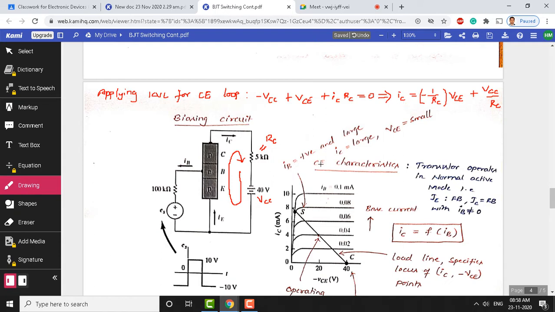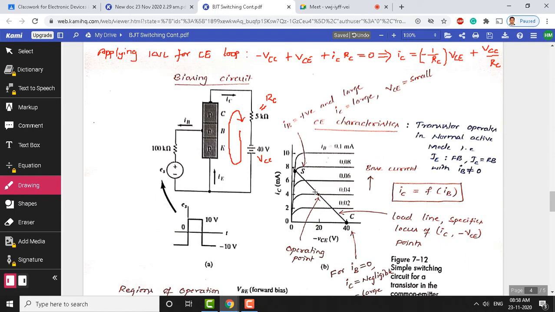Now, if you compare this equation with our characteristics, for the time being you can forget about this line and see this characteristic. We said this characteristic is plotted between VCE and IC. The X-axis is the collector emitter voltage. The Y-axis is collector current, in milliamperes, and these characteristics are plotted for different values of base current, from 0 all the way up to 0.08 milliamperes.